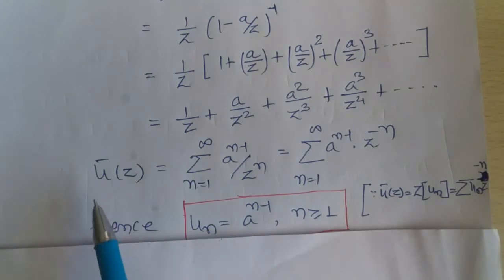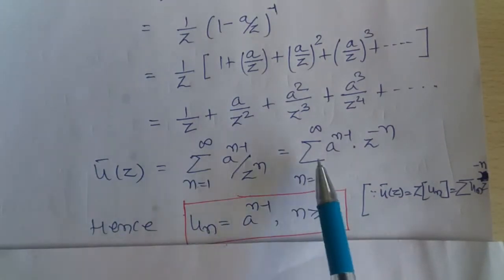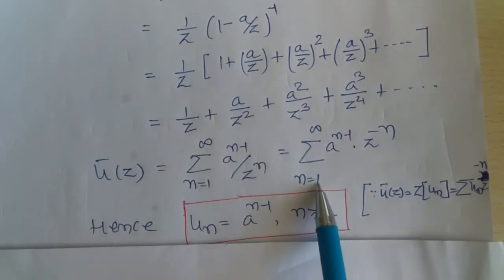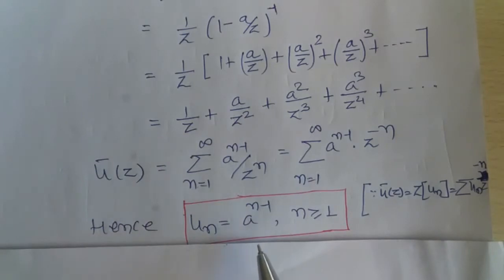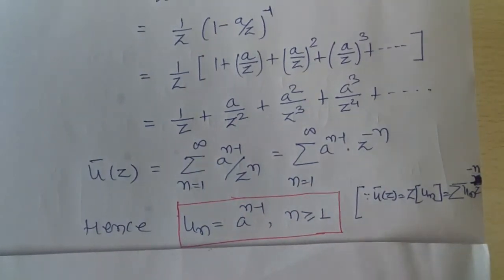Hence the inverse Z transform of U bar Z is Un, which is A raised to n minus 1 for n greater than or equal to 1. So this is the inverse Z transform of the given U bar Z for the region of convergence mod Z greater than mod A.